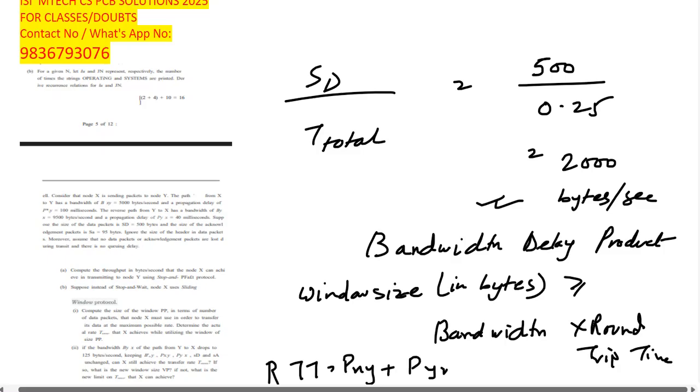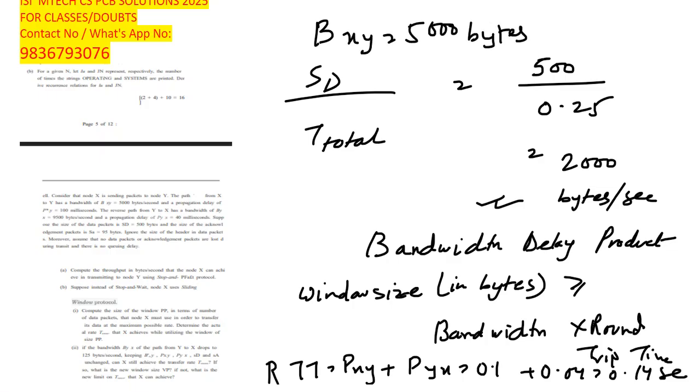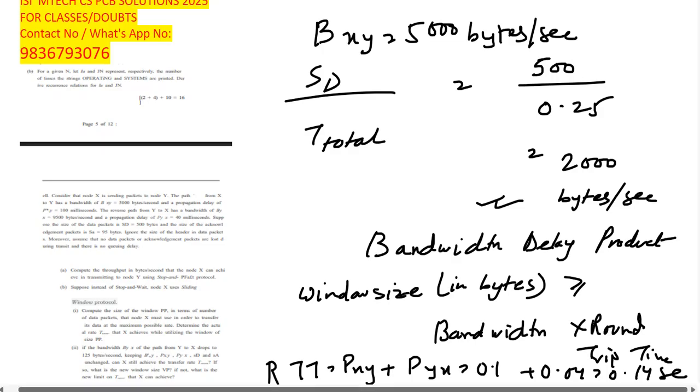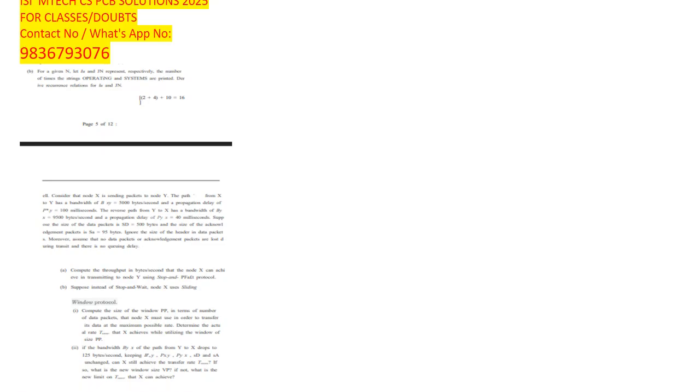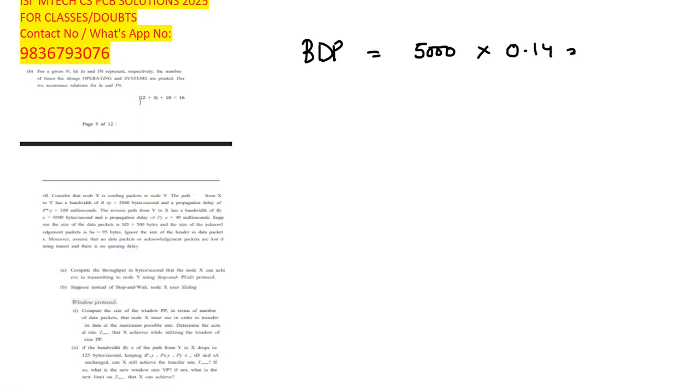PXY plus PYX, that is 0.1 plus 0.04, so that is 0.14 sec. So bandwidth BXY will be 5000 bytes per sec. So what is BDP? BDP is 5000 multiplied by 0.14, that is 700 bytes.